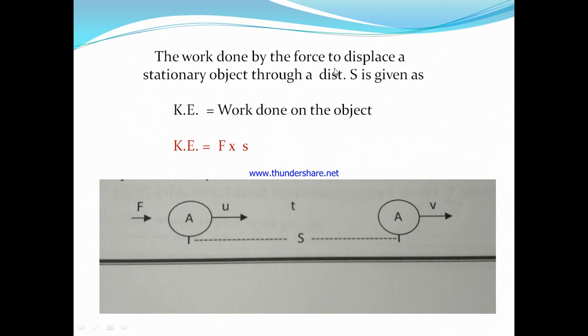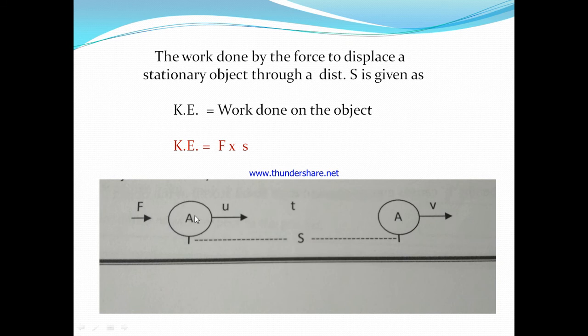The work done by the force to displace a stationary object through a distance s is given as: kinetic energy is equal to work done on the object. It is given by F into s. एक साधं एक्झाम्पल आपण घेऊया. Suppose an object is at position A. This is an object.